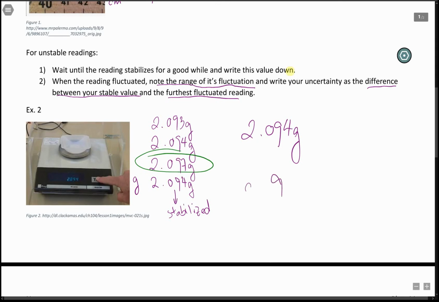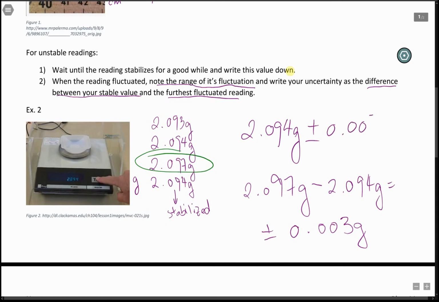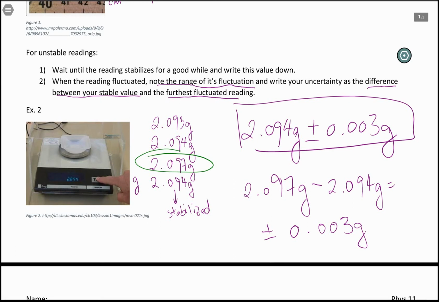We take the largest fluctuating reading subtracted by our stable value, and this will give us our uncertainty, 0.003 grams, which you can write over here. So that is for unstable readings: looking at the fluctuation, noting that error down.